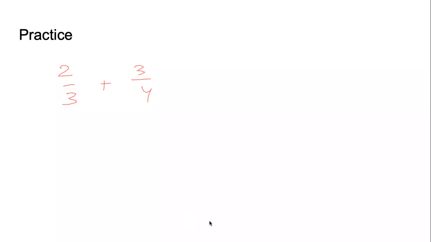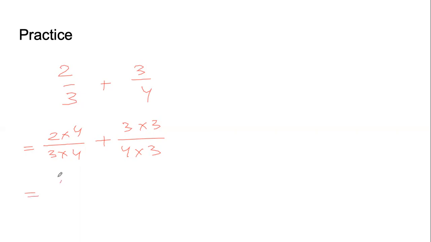To make them like, we will multiply one fraction with the denominator of the other fraction. So this becomes 2 into 4 by 3 into 4, plus as it is, now 3 into 3 divided by 4 into 3.